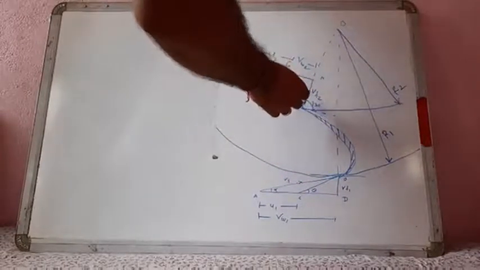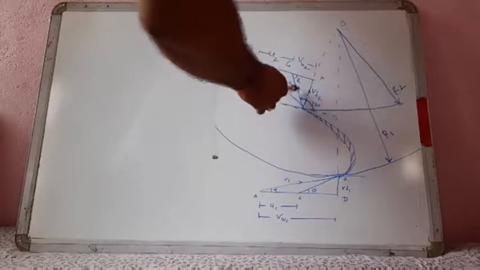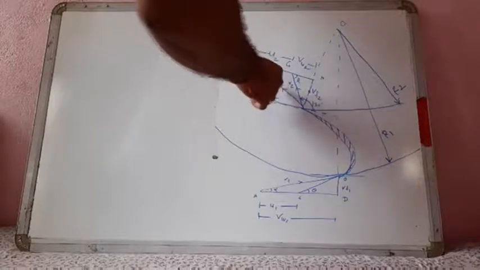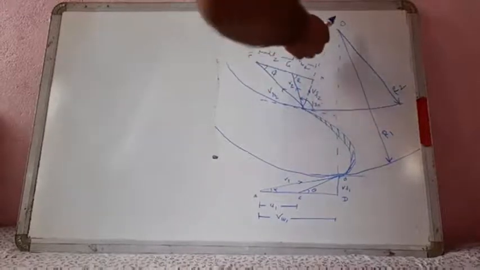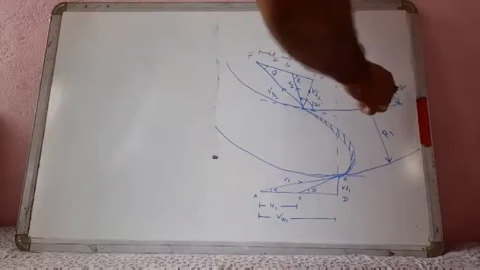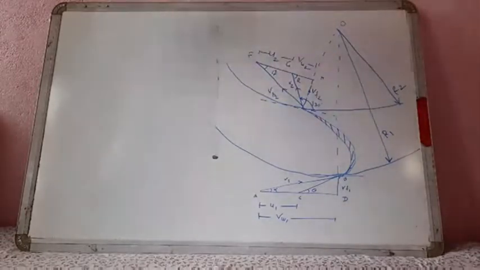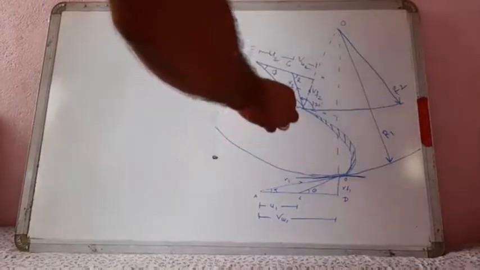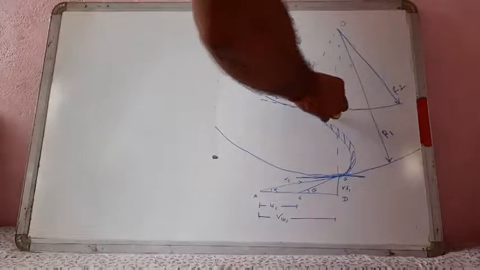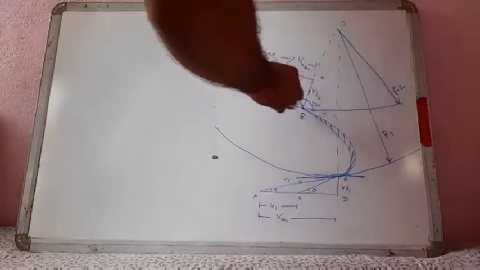And here at the outlet angle, this is VF2, this is angle beta, V2, and angle phi, VR2, this is U2 and VW2. The inner radius is R2 and the outer radius is R1. Here, this is the tangent line at point B, and this is the tangent line at point E.